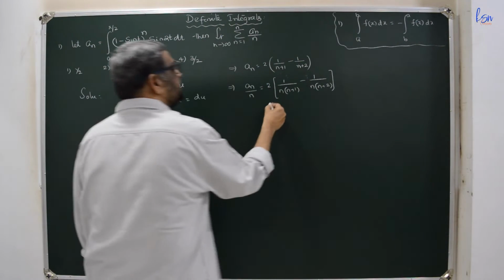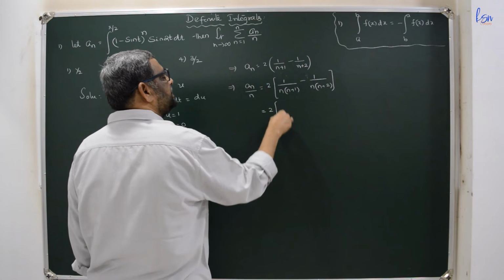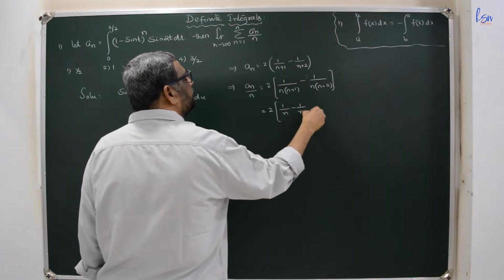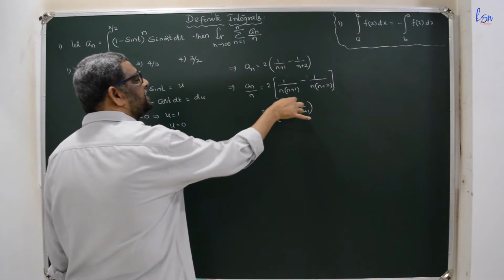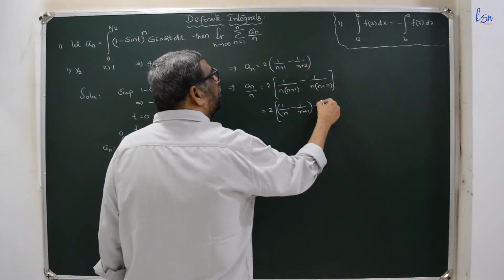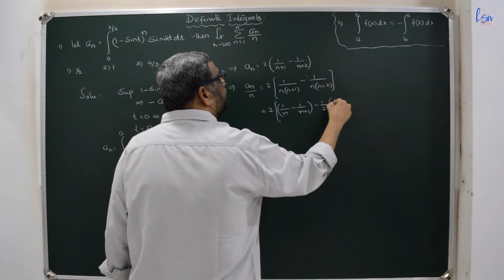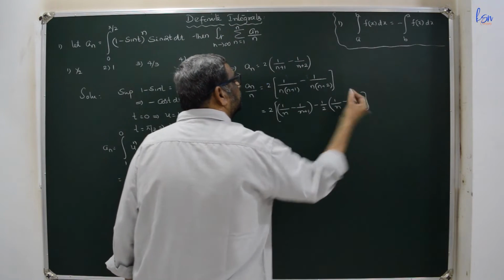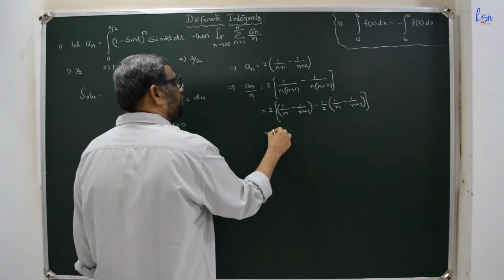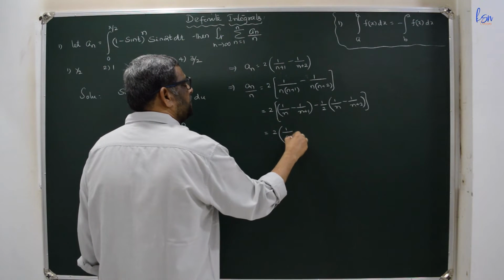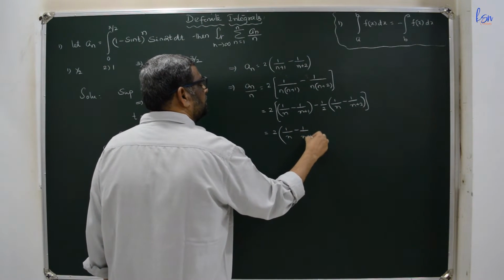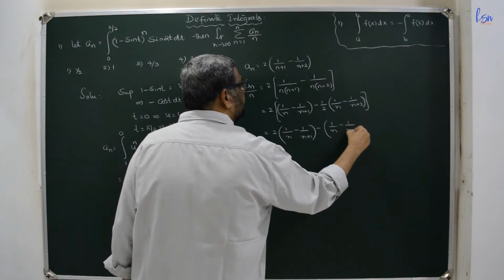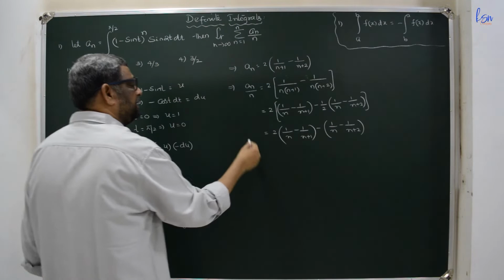This can be written as 2 into 1 by n minus 1 by n plus 1, since n plus 1 minus n is 1, minus 1 by 2 into 1 by n minus 1 by n plus 2. Now this is 2 into 1 by n minus 1 by n plus 1 minus 1 by n minus 1 by n plus 2.